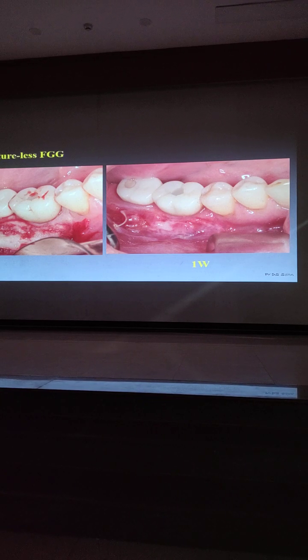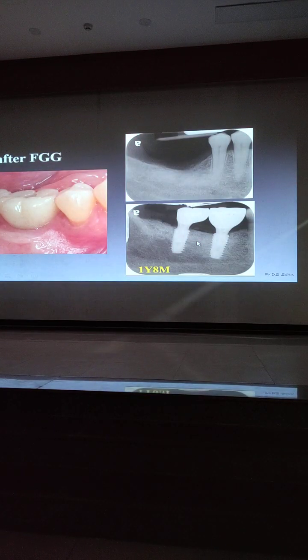Clear picture? Okay, this is one. This is 8 months of healing. You can see attached to the bone. The marginal bone is very stable.